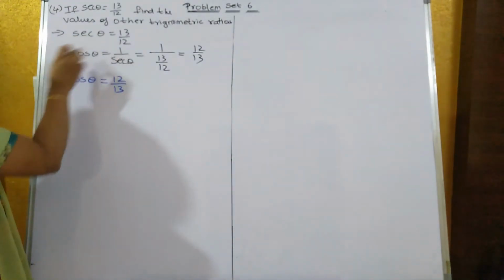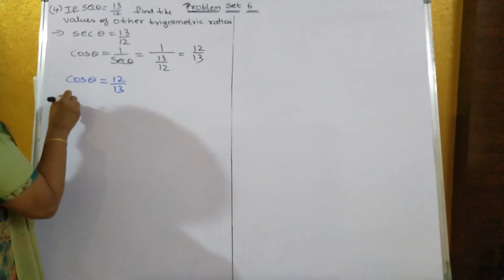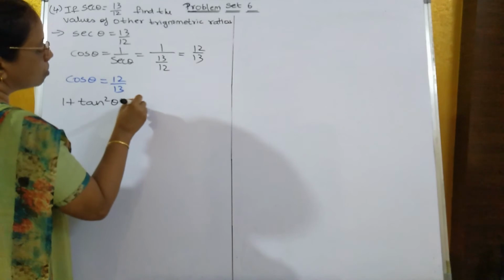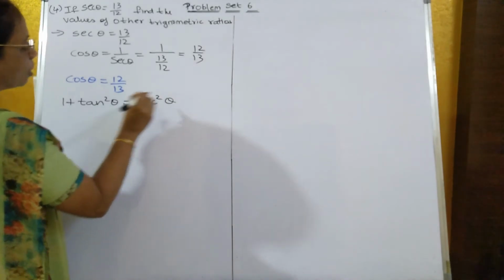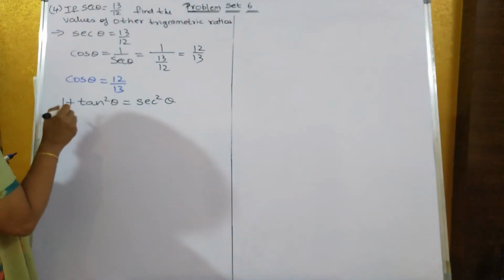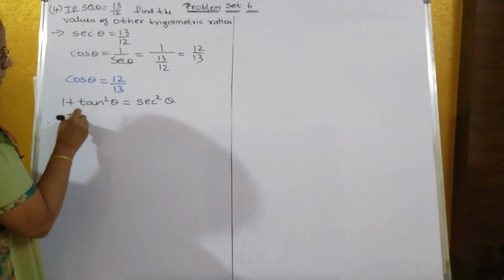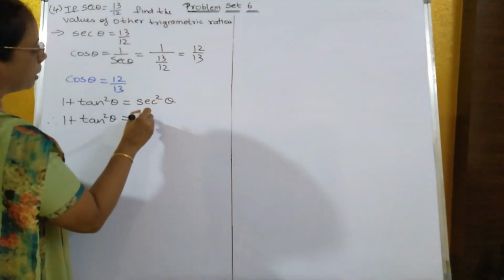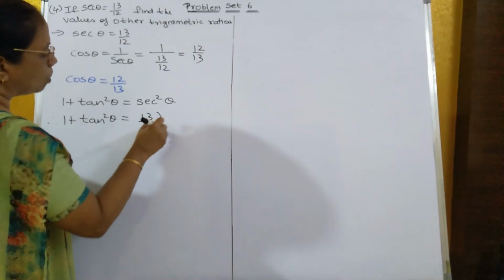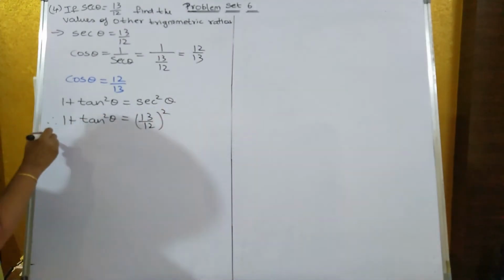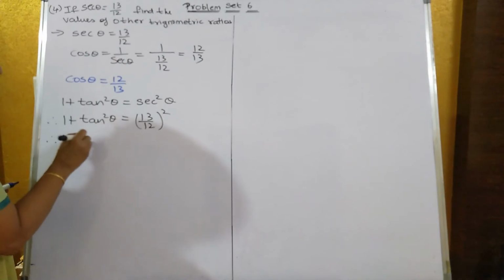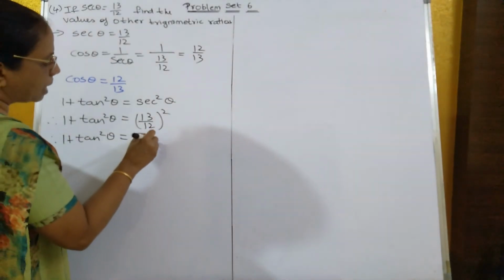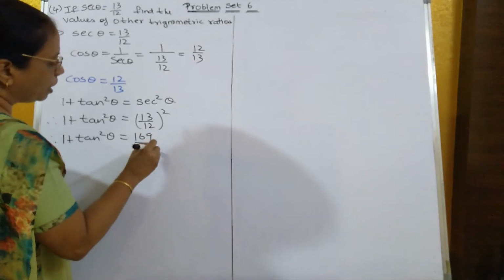Now sec theta is given, so we can use 1 plus tan square theta is equal to sec square theta. Now put the value of sec theta. So 1 plus tan square theta is equal to 13 upon 12 the whole square. Therefore 1 plus tan square theta is equal to 169 upon 144.